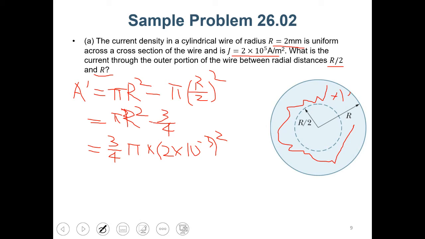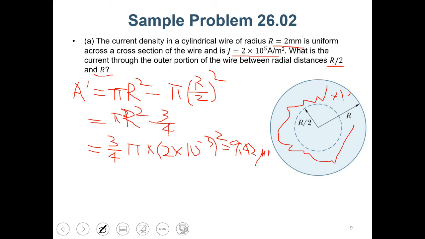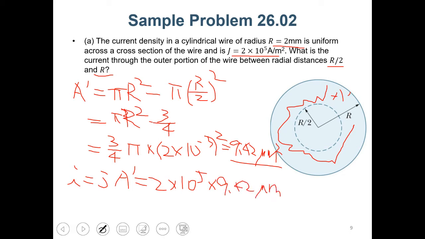So this is 9.42 micrometer squared. Next, the current would be J times A prime, where J is 2 times 10 to the 5th power and A prime is 9.42 micrometer squared.